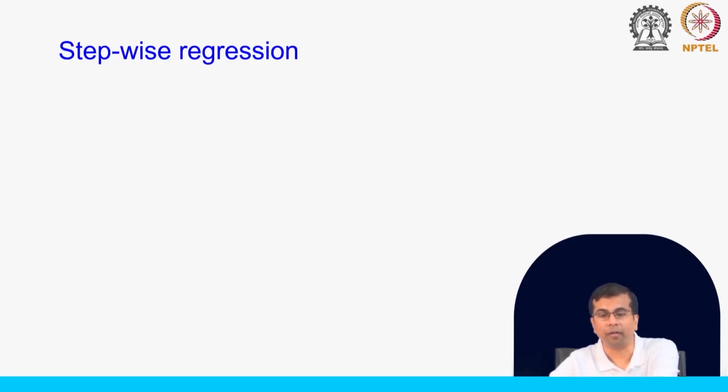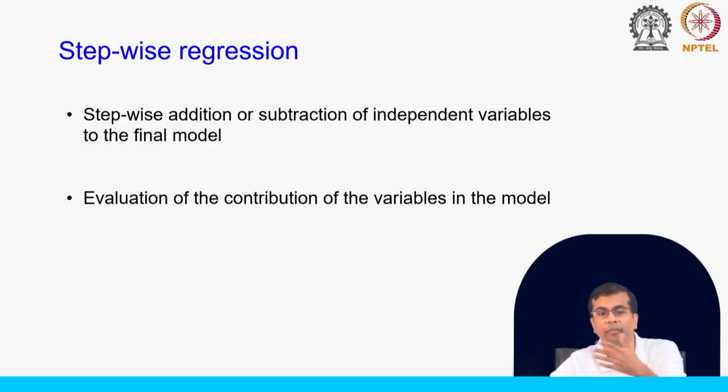Stepwise regression will perform a stepwise addition or subtraction of independent variables to the final model. It will evaluate the contribution of the combination of the variables in the model, and this is very useful to identify the key set of features, which is the best combination of features after you have done the lasso regression or ridge regression.